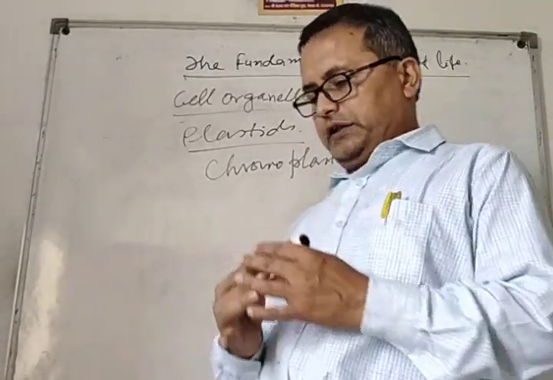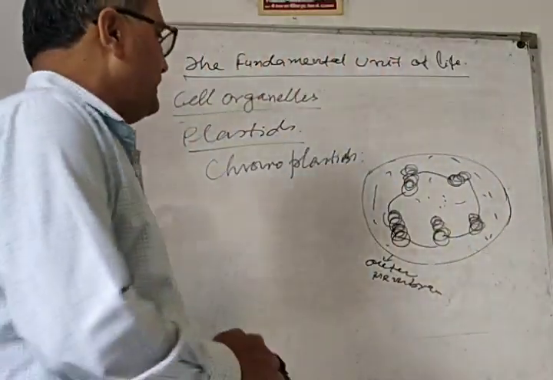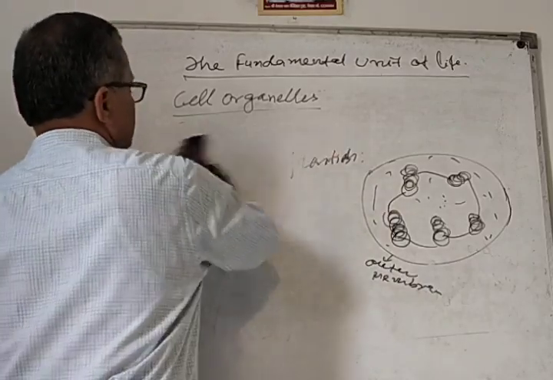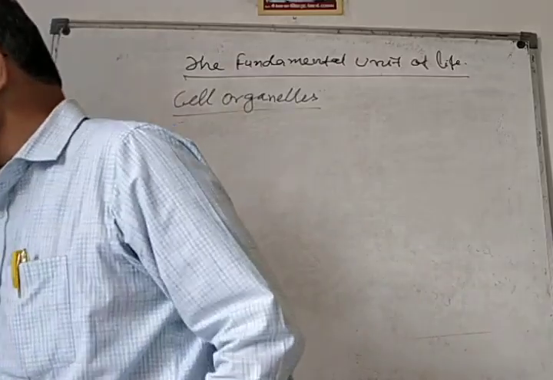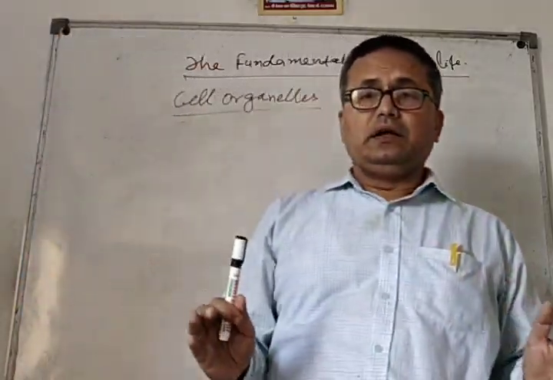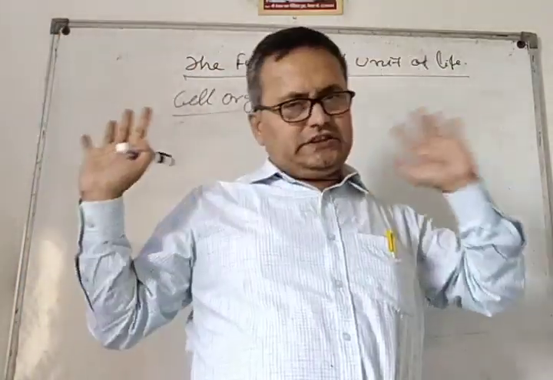And the third organelle is the vacuoles. Vacuoles are present in both plant cells and animal cells.